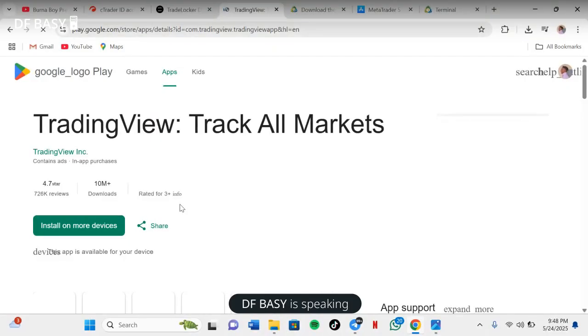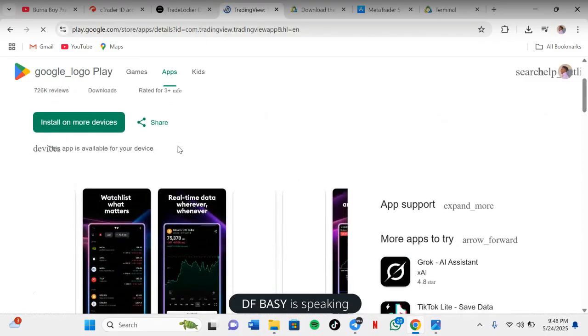Now this is the TradingView app on Play Store, or you can check it on Apple Store.